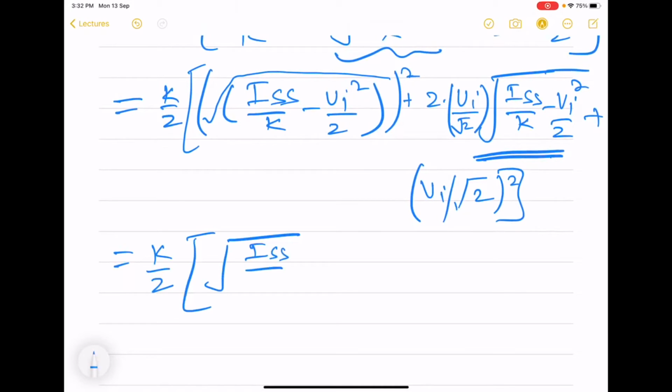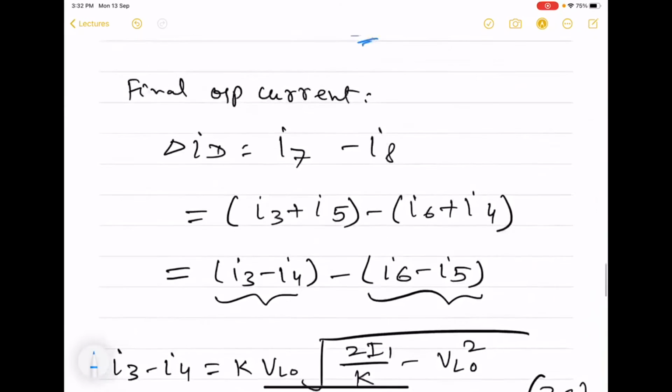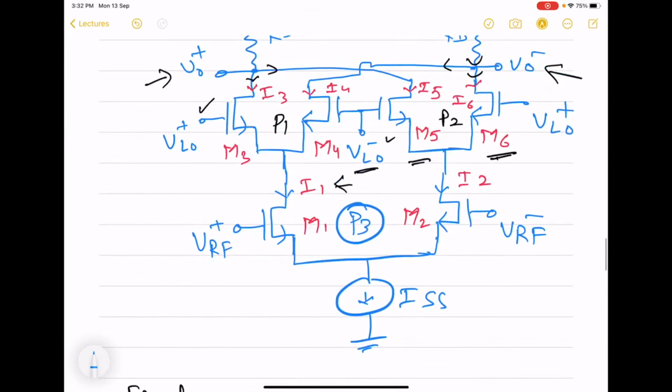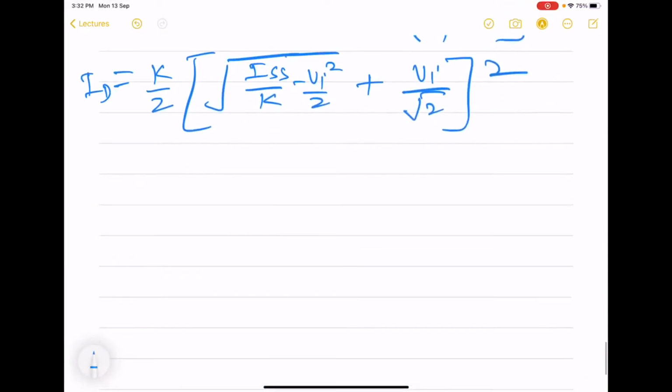First term is ISS by K minus VI squared by 2, and second term is VI by square root 2. So we have been able to write the drain current as a perfect square. Right. So now we can write this current I1 in this perfect square form.